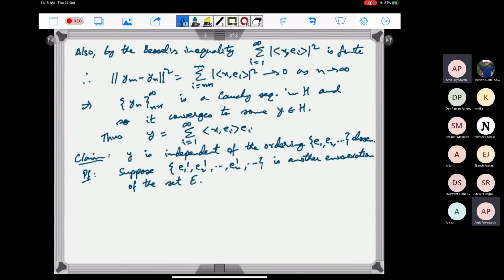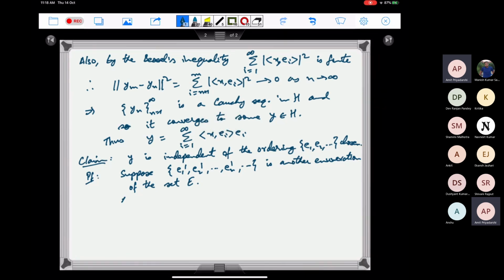So if we take the sequence of partial sums, let yn dash be equal to the summation of x dot ei dash, i equal to 1 to n, then as before, this is also a Cauchy sequence, and this will converge.